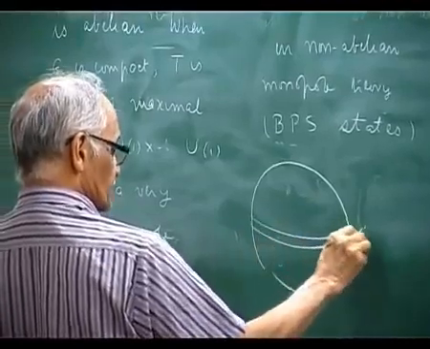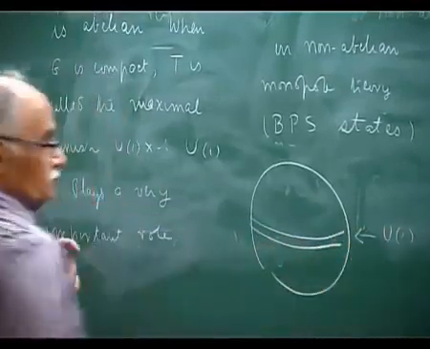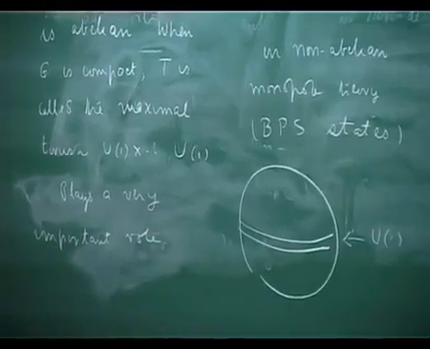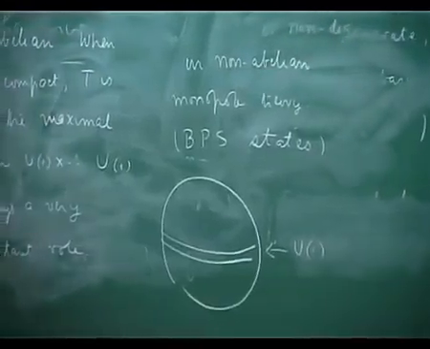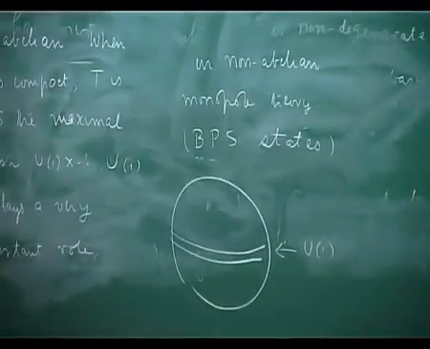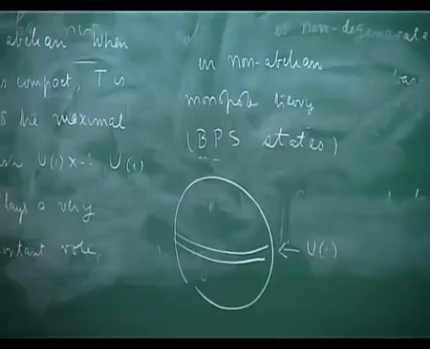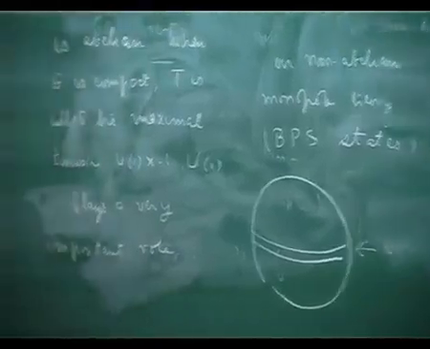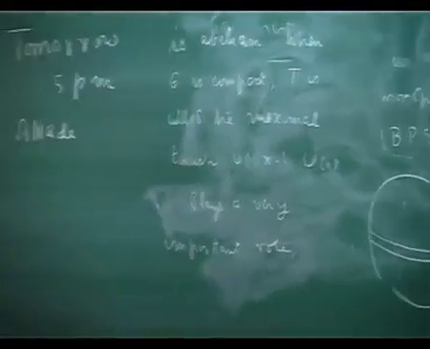The transition function is valued in U1. It's a closed curve. If you know the theory of transition functions, it's a U1 bundle. Here, the transition function between two patches is valued in a non-abelian group. So it is a different situation, and that causes all kinds of new features.